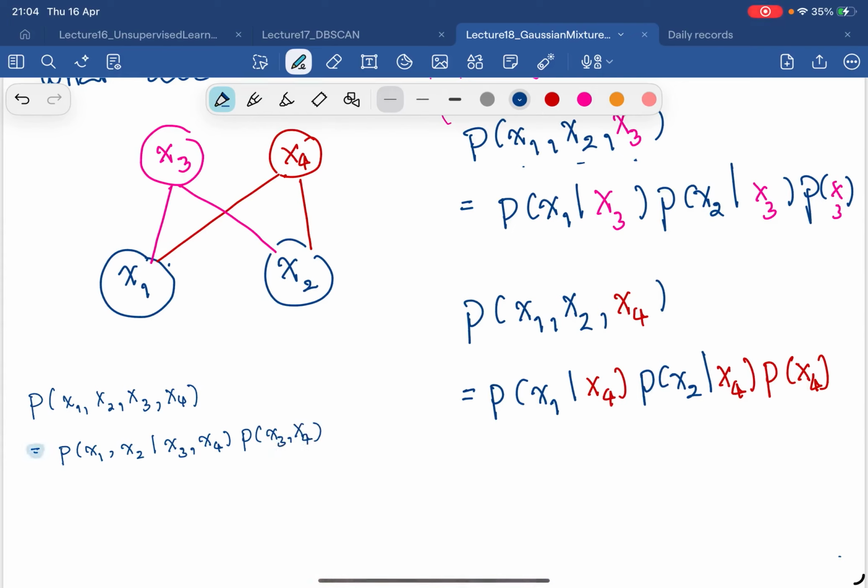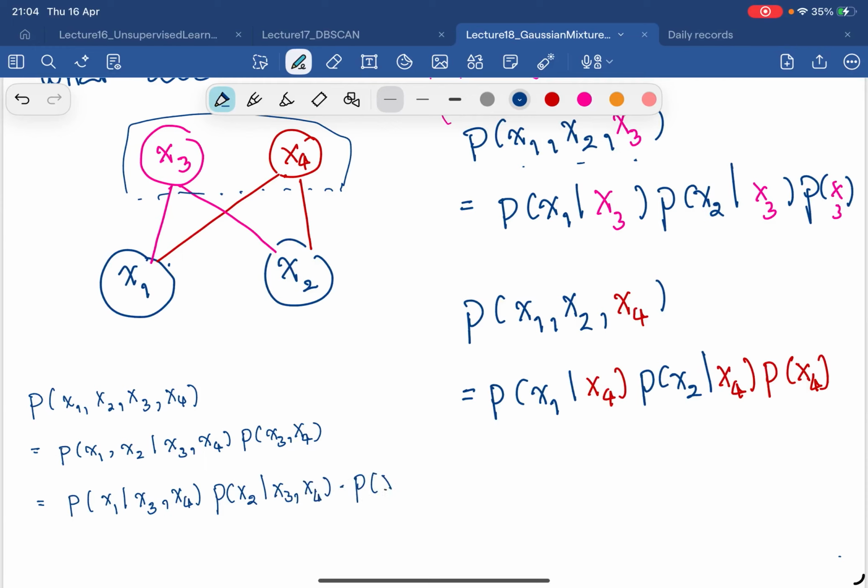But if we further made an assumption, that if we observe x3 and x4, then x1 and x2 will be independent, that means we can do it like this: x1 given x3, x4 times x2 given x3, x4 times prob of x3, x4.